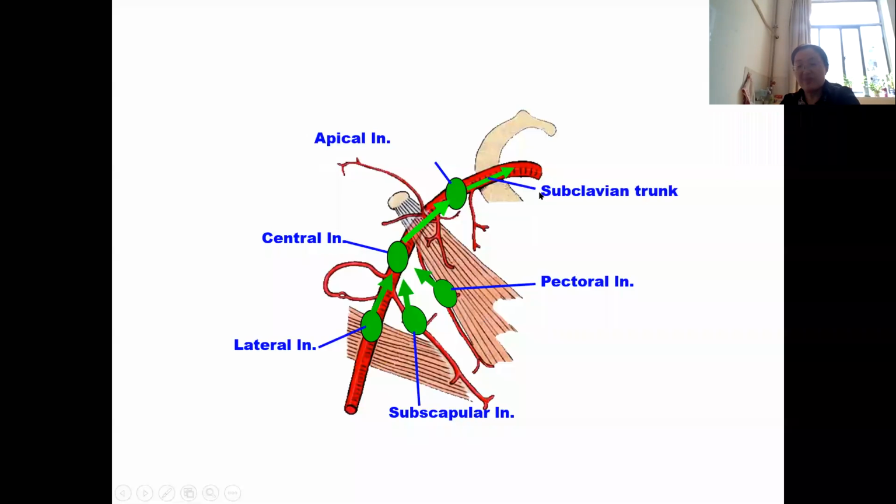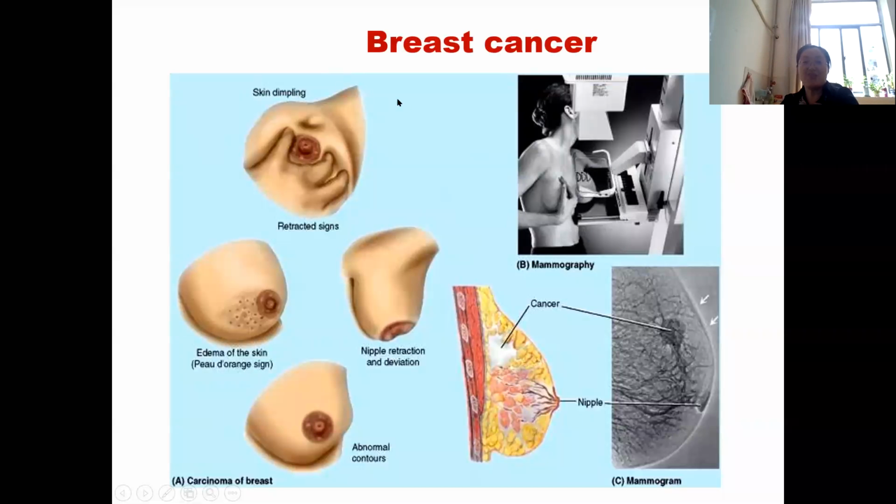Okay, here I can give you one case. Here we show you breast cancer. In the advanced stage of breast cancer, the cancer cells can be transferred to other regions of the body.